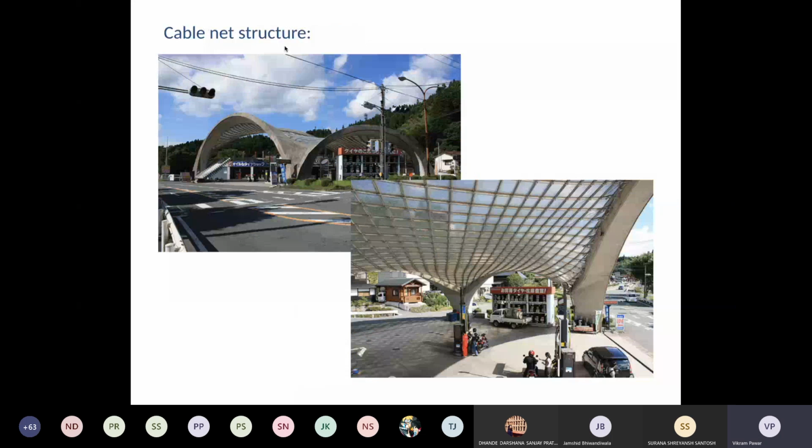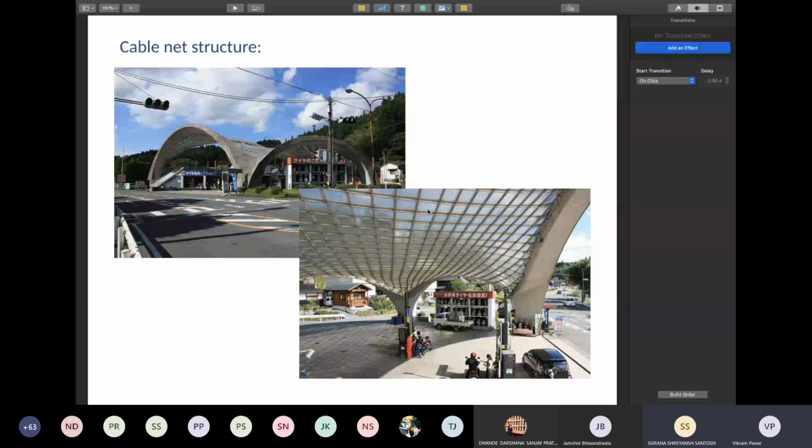Whereas this is the example of a cable net structure. Each one is a cable, and this is obviously concrete. There is concrete over here, and between these cables there are glass panels, which form a continuous seamless surface.